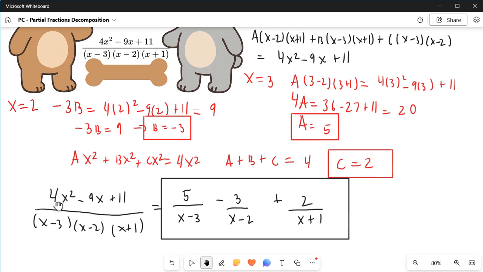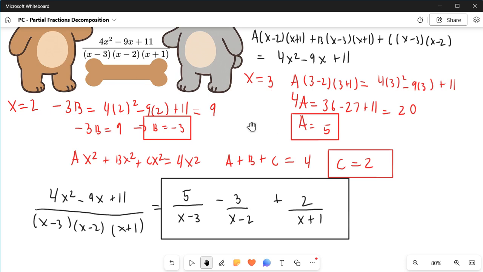But what I'm trying to say is that here we did that actually. We picked the values, which just so happens to have been strategic in the sense that it's going to allow us to solve for A, B, and C respectively.